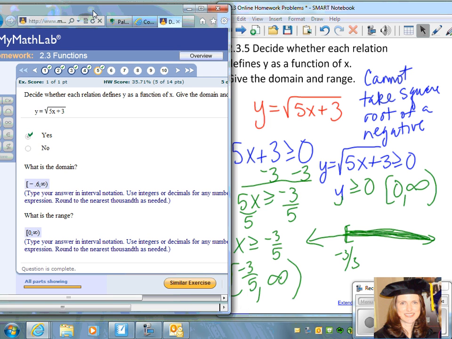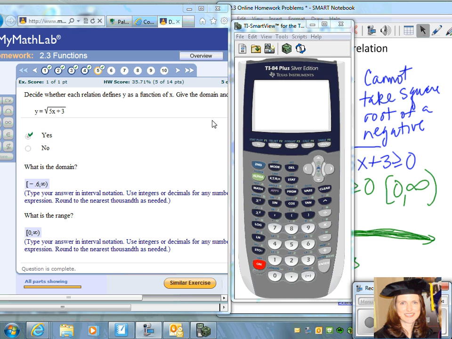Another way of working out the domain and range is by looking at a graph of this function, y equals the square root of 5x plus 3. With the graphing calculator, you can graph the function and look to determine the domain and the range, or at least this can help you check it. When you turn your calculator on, press the y equals button and clear whatever's in the spots.